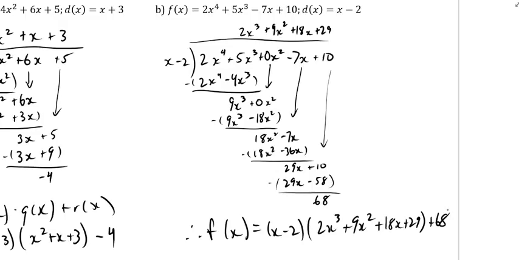Any questions? No? You sure? So that's long division. That's one of the two methods. Going once, going twice.